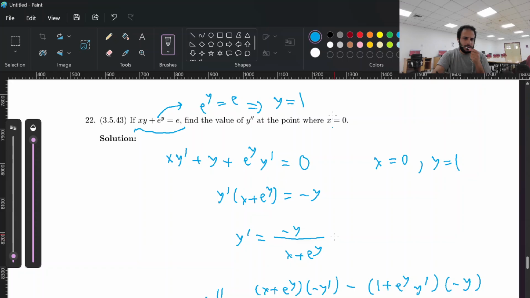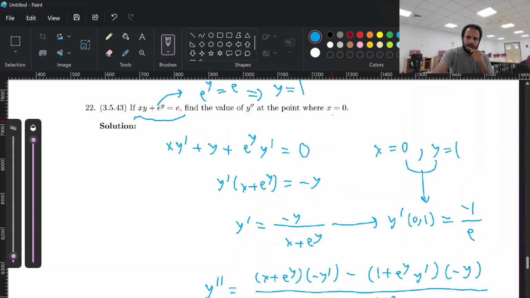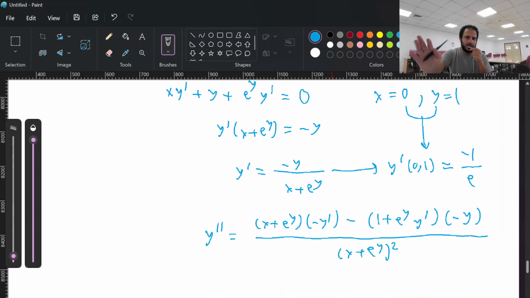Now from this equation, the one we solved for y prime, y prime of (0, 1) equals what? Here I'm substituting both values of x and y. So we get minus 1 over e, right? Yes. Next we substitute all these values in y double prime. So we have x is 0, so forget about x.